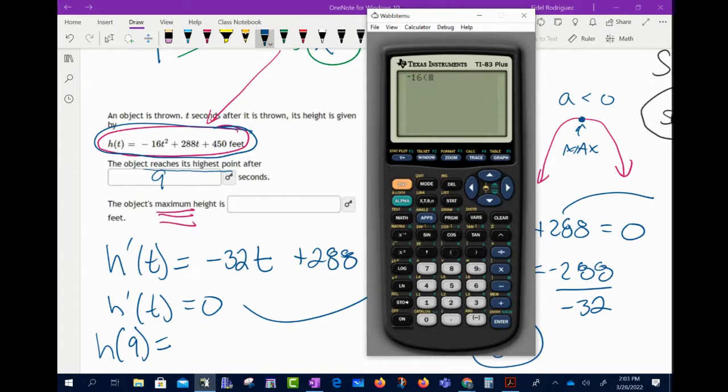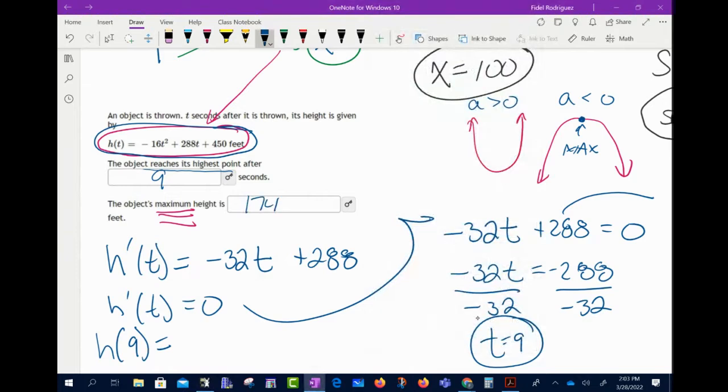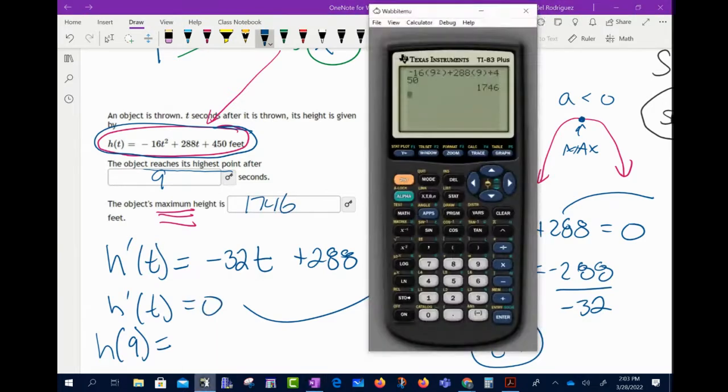So negative 16 times 9 squared plus 288 times 9 plus 450. And I'm coming up with 1740. There you go. And there's your maximum height.